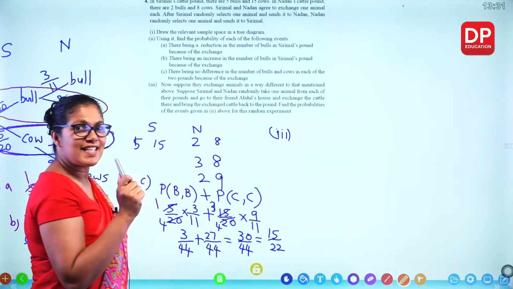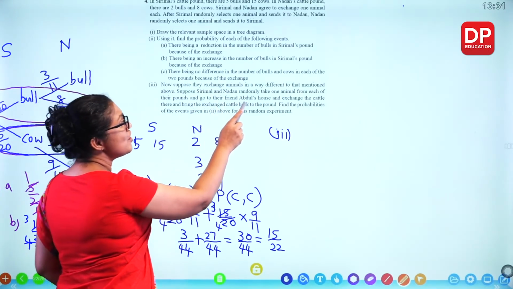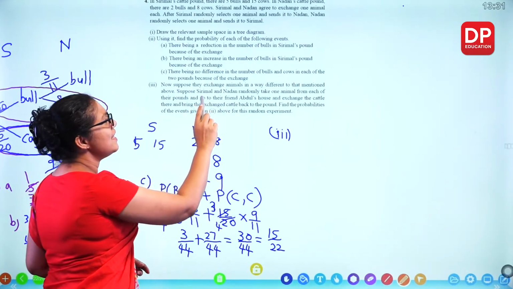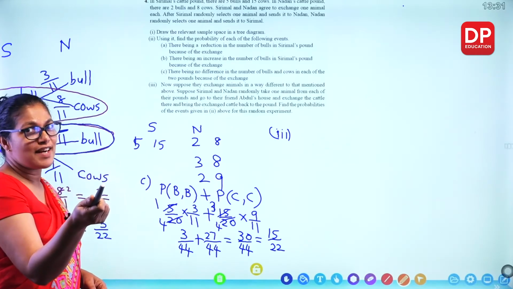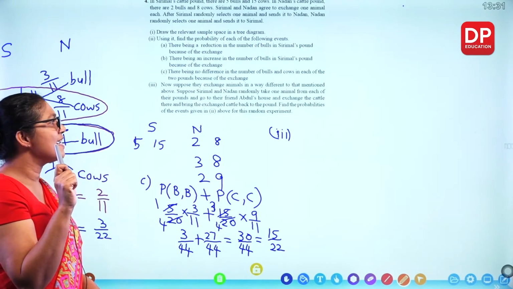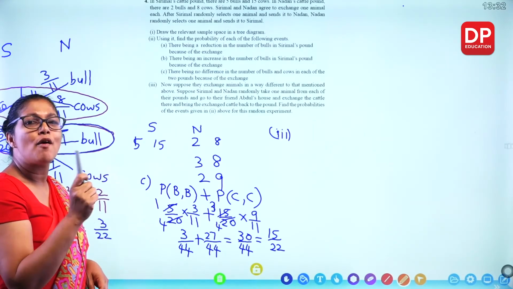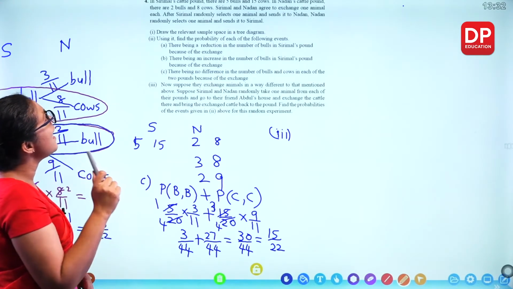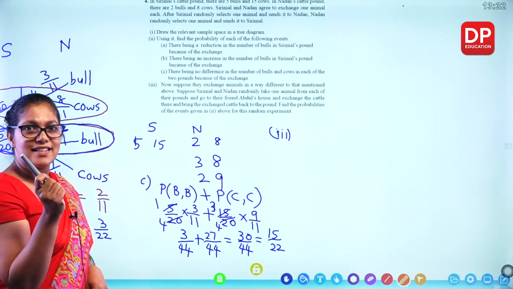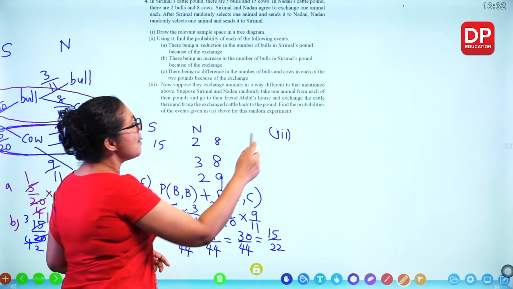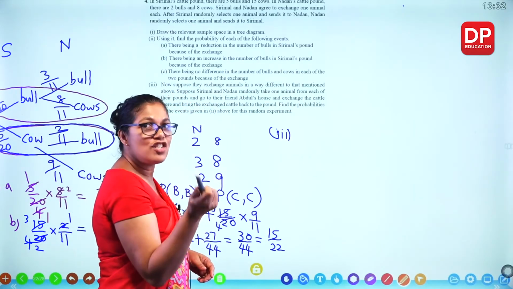Now in this case, it's mentioned already they select an animal and taken to the other house. So here what happens here? Taking an animal is independent for both of Sirimal and Nathan. So nothing will happen to the probability. So it's like the same as the initial case.